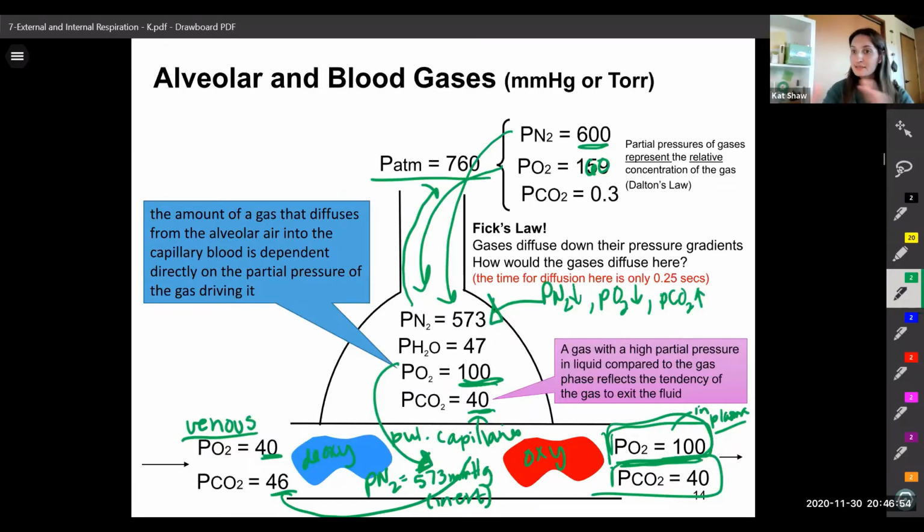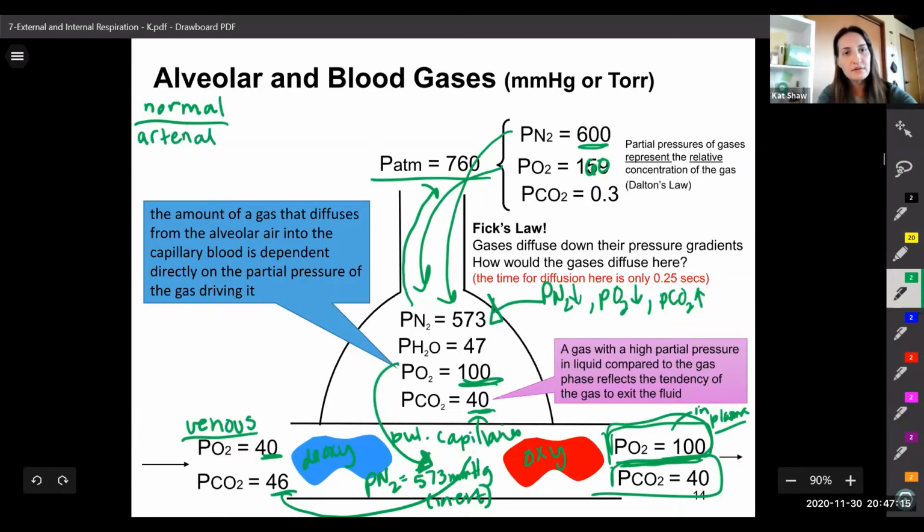Okay, so let's break this down, because this will be useful when we look at that carbon monoxide correlation later on.